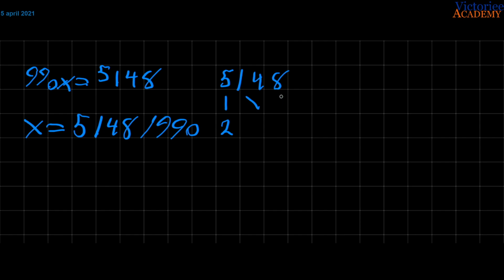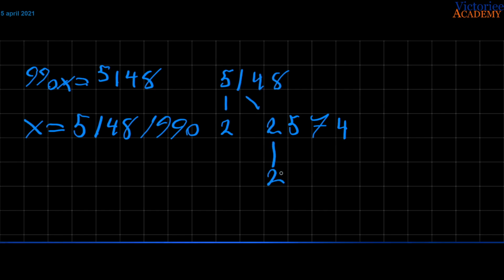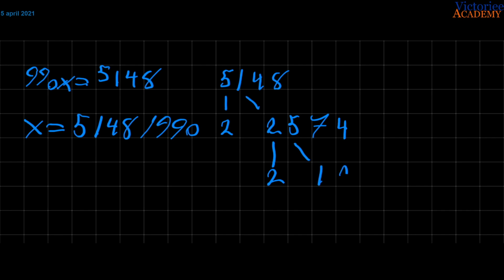You get 2,574. I know that by practice. This is also even, so we can break out another 2. We can halve this again, and then we get 1,287.